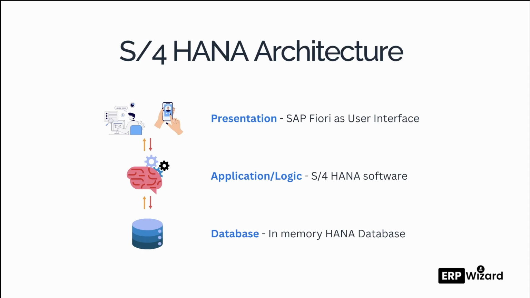It's a user interface that the end user, the business user, they interact with. The application or the logic layer for S4HANA is the software itself, and then the database which is used in S4HANA, it's called HANA. It's a special in-memory database created by SAP from the scratch just for the SAP system.